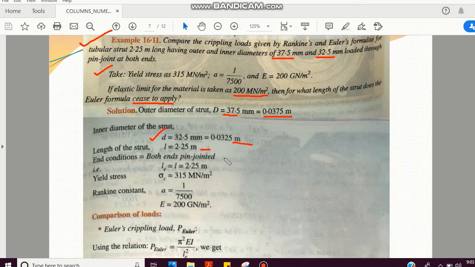When both ends are pin joint or hinge joint, the equivalent length becomes the actual length, that is 2.25 meter. The yield stress, that is sigma c, is 315 meganewton per meter square. Small a equals 1 by 7500. Capital E, the modulus of elasticity, is 200 giganewton per meter square.